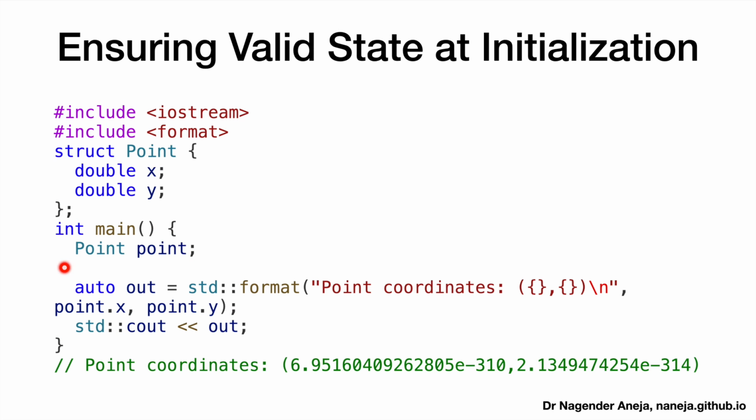Now, if we don't initialize here, then what's going to happen? We still have the same x and y, and we created an object of type point, and then we print. So it's going to give some random values. So we need to always ensure that the program is in a stable state, and whenever you create a member variable, make sure that it is set to its default value.